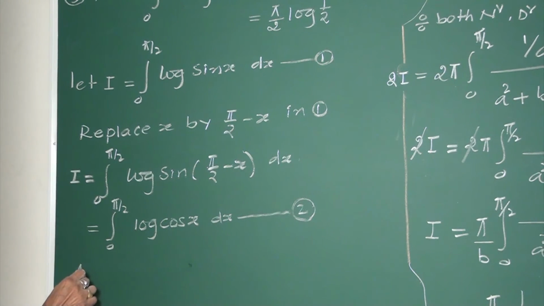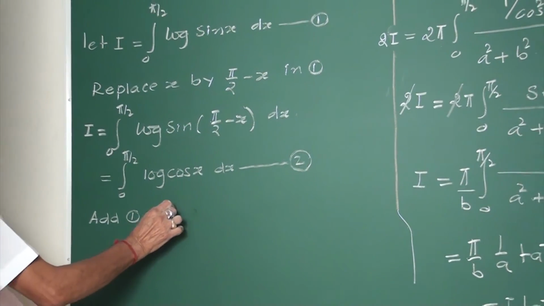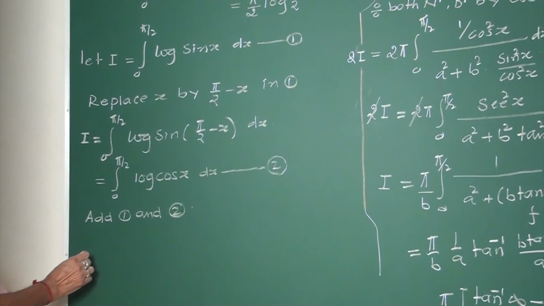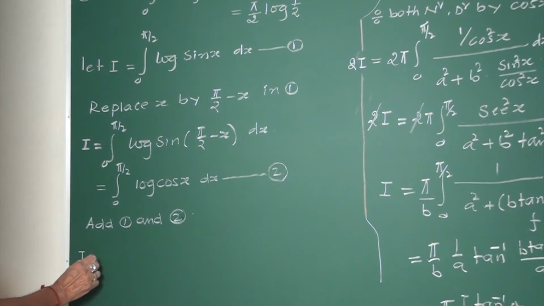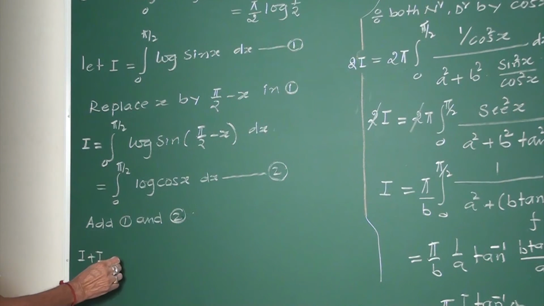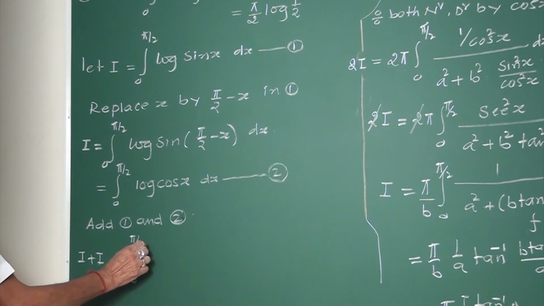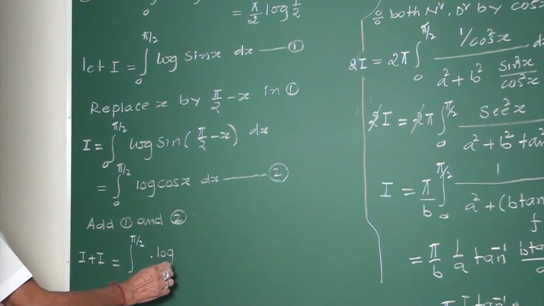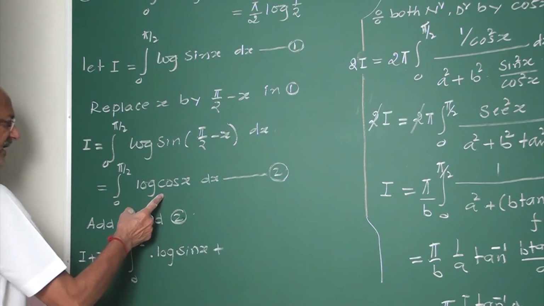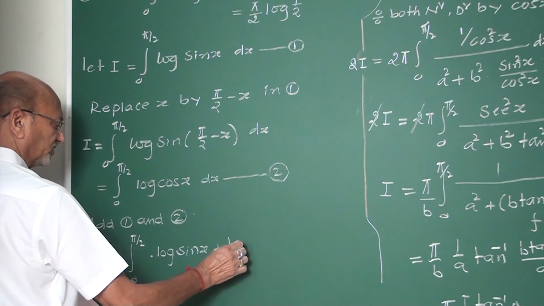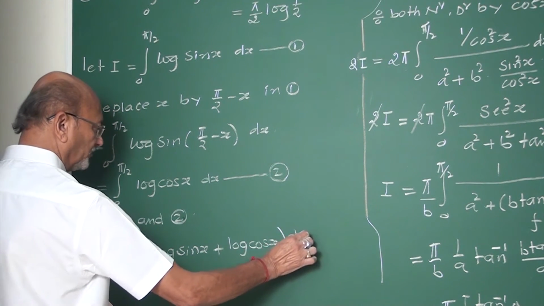Add 1 and 2. I plus I. Or you can write directly 2I, common integral, integrand in the first, log sin x, plus integrand in the second equation, log cos x dx.